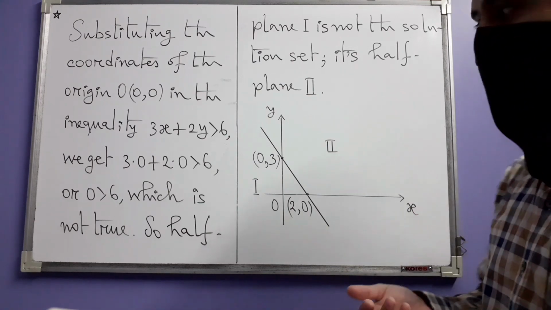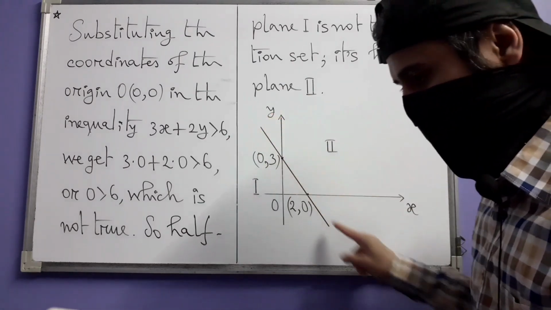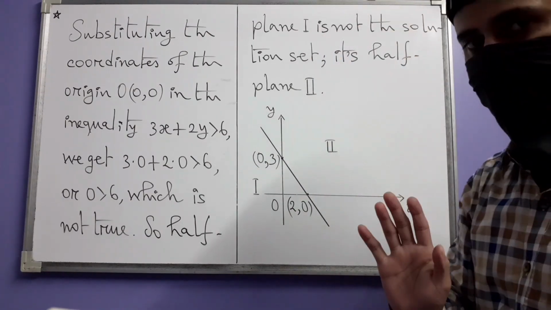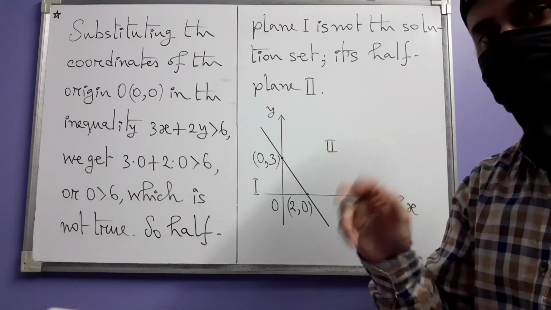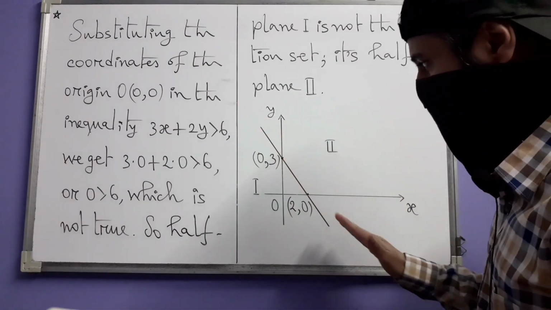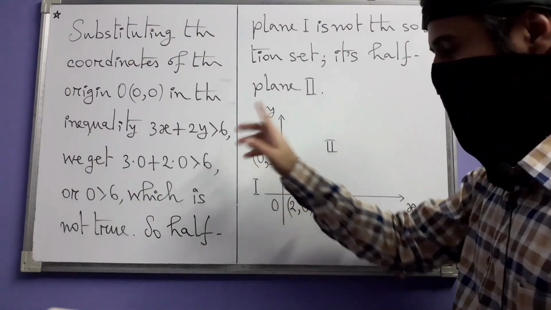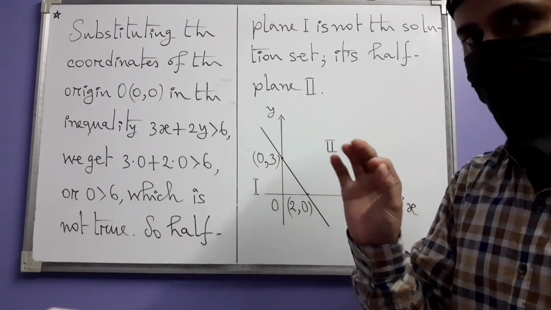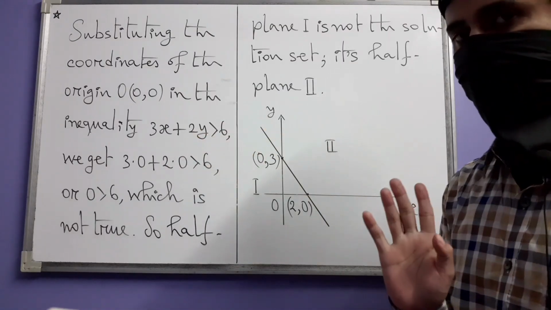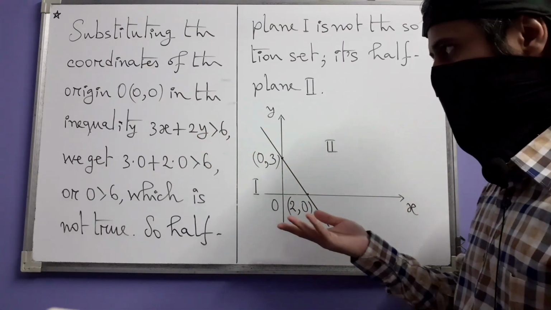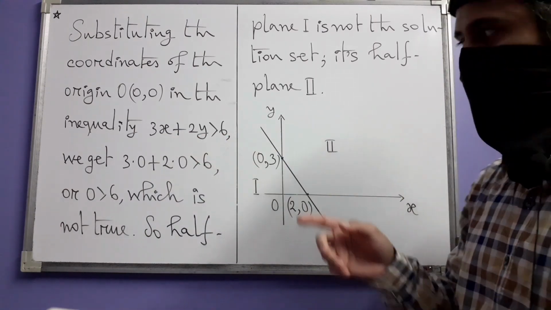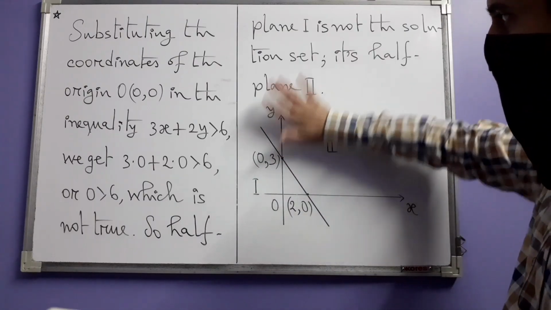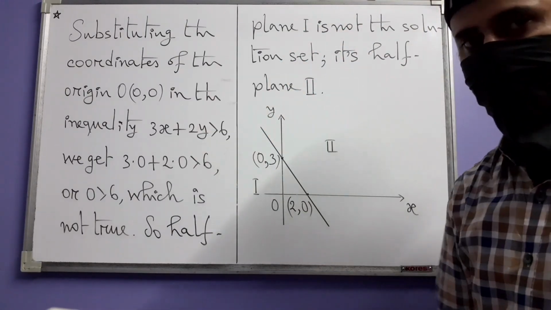So these points on the line also are not solutions. The ones above the line are solutions, in the sense that their coordinates are solutions. The points on the line are not solutions because they give us equality. And if you choose any point from below this line, that means from half plane 1, then also this inequality will not be satisfied. For those points, if you substitute x and y coordinates, you will get 3x + 2y < 6. So in that sense, this is the solution set of this inequality.